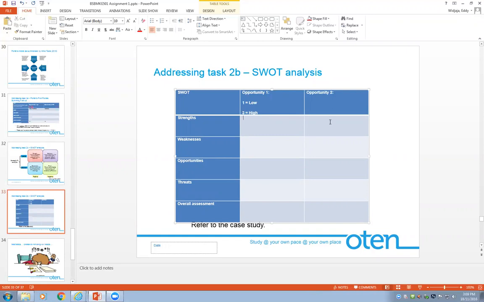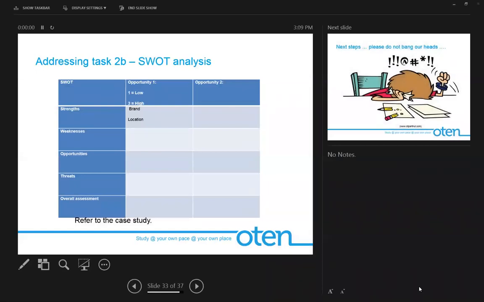We have little knowledge about the Melbourne market, so our strength in here would be low, or in other words, our weakness in here would be high. So that's your analysis, either brand or location and so on and so forth. You can write them as well, and that leads you to the overall assessment, same as you do for the 4 or 5 forces. Please refer to the case study for strengths, weaknesses, opportunities and threats. Again, please refer to your past analysis.